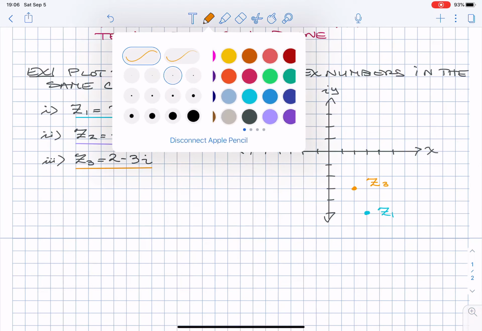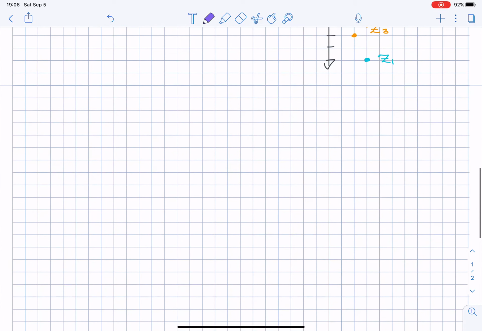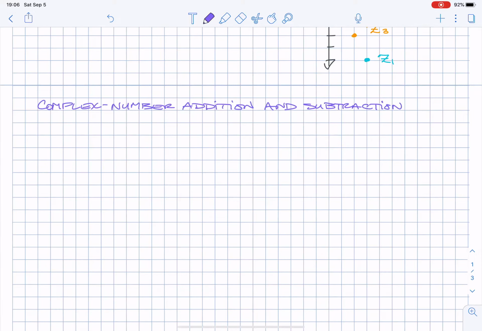Okay, so now let's review complex number addition and subtraction, which should be straightforward, right?